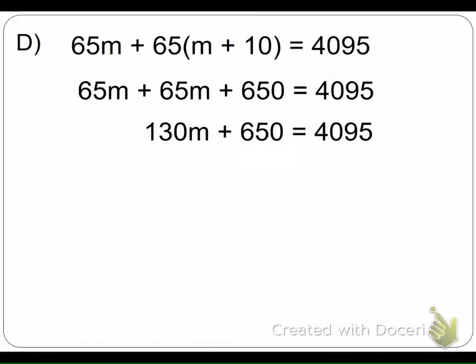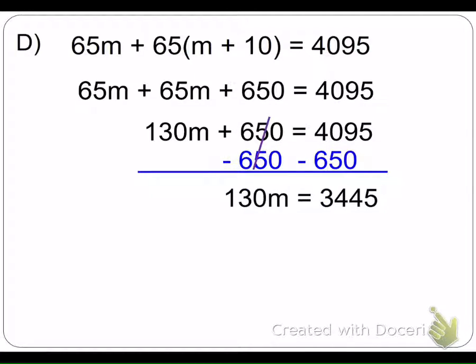All right, now what? Subtract 650 from both sides. What do you get? 3,445, yes? Oh, that's it. All right, and then divide both of those by 130.